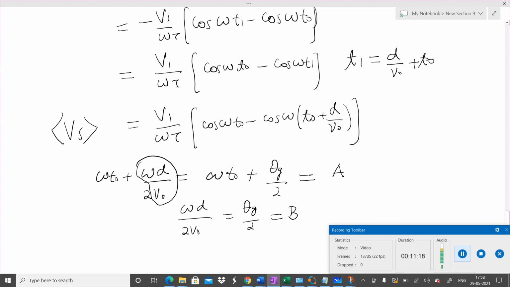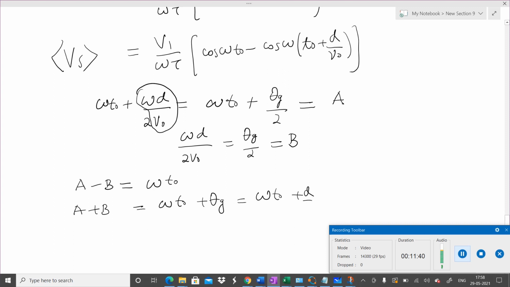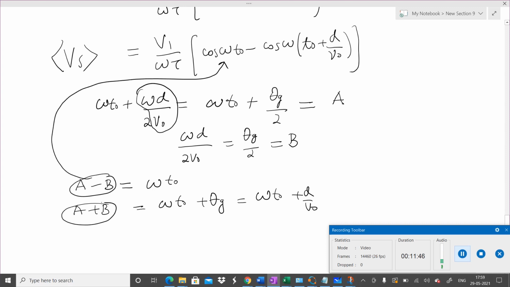This is our notation. We want to use some identity. First, note that a minus b is clearly omega t0, and a plus b is clearly omega t0 plus theta g, which is omega t0 plus omega d by V0. So this is a minus b and this is a plus b.